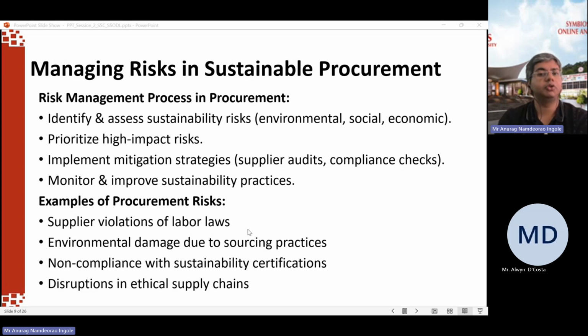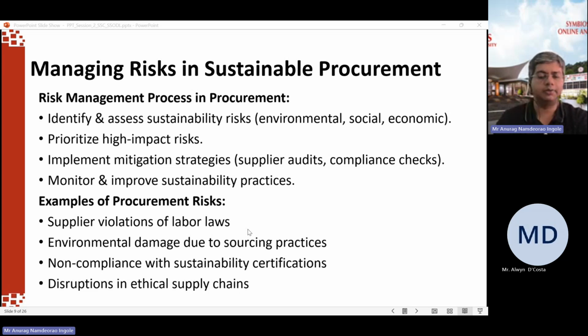But they are not focusing on sustainability aspects 100% yet, right? So whenever we are taking up any sustainability related initiative, we have to make sure that those are part of our contracts. And then, according to those terms and conditions or requirements, we have to add them in our supplier audit process and in our compliance checks also, right?